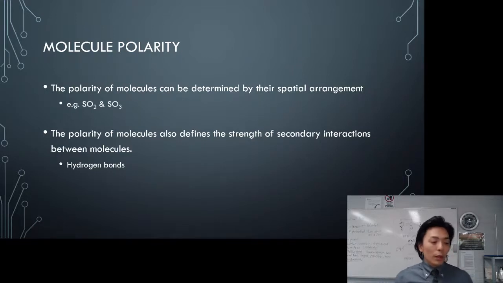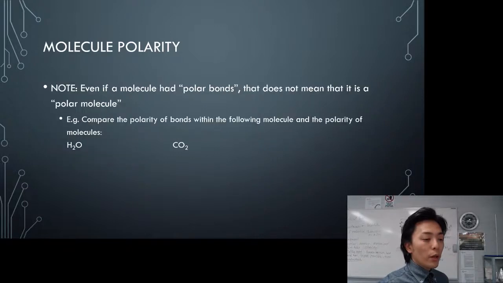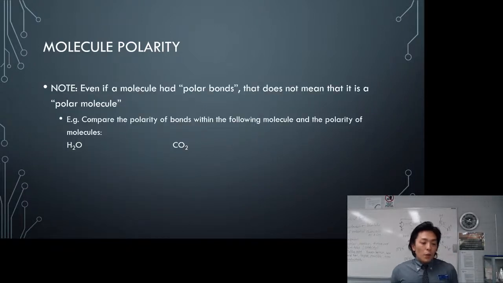The polarity of molecules defines the strength of secondary interactions. This idea leads to the next subchapter, so things like hydrogen bonds can be covered later. What I wanted you to also know is that even if a molecule has polar bonds, that doesn't make it a polar molecule.